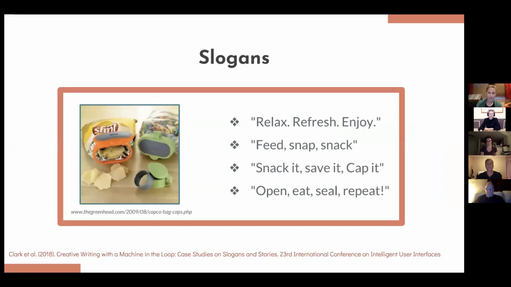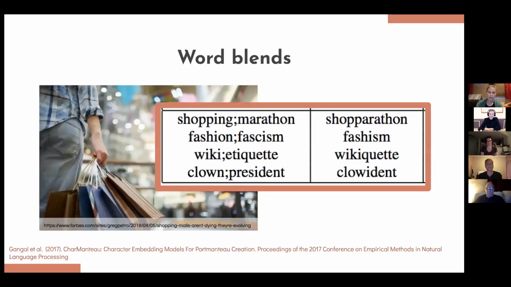Slogans, so short phrases or segments that are associated with advertising campaigns where you're trying to persuade someone by being catchy. Word blends, so if you have one or more words and you want to combine them in order to produce a word that's related in meaning to both of them, that can be seen as an instance of linguistic creativity that can also be automated.